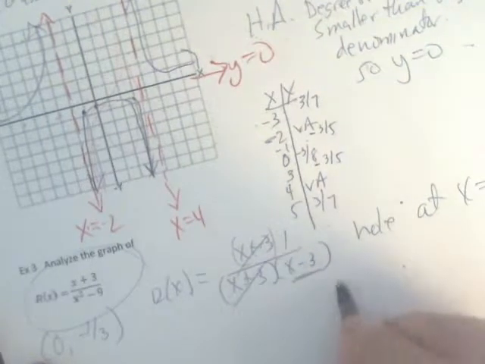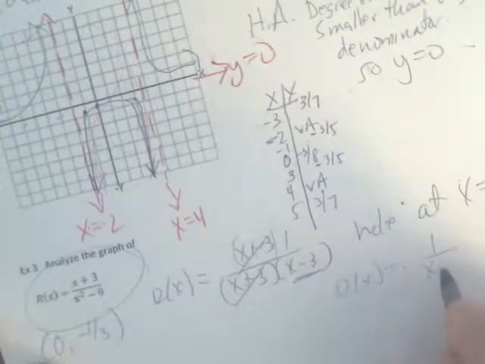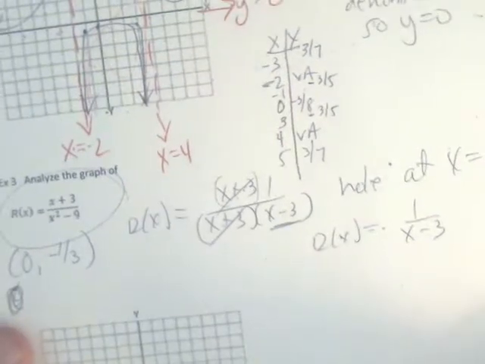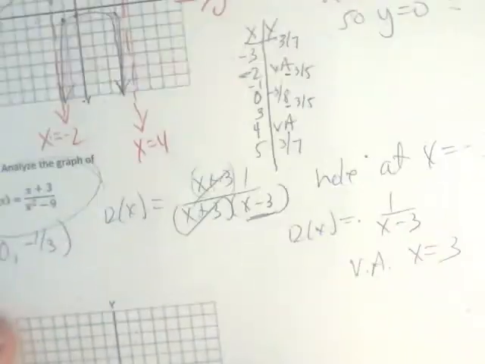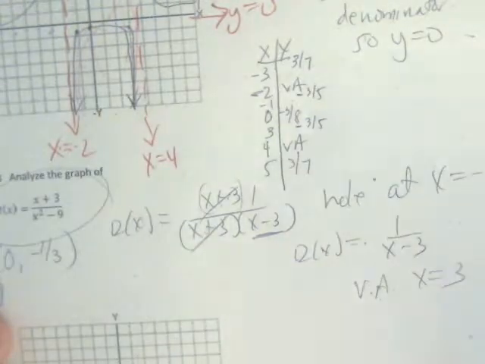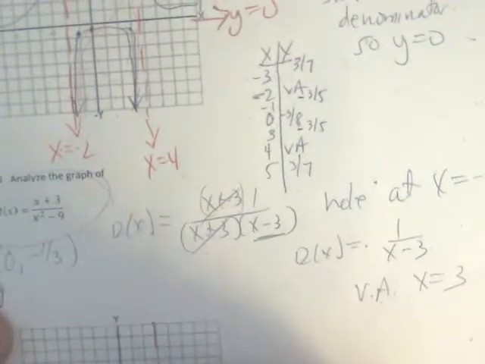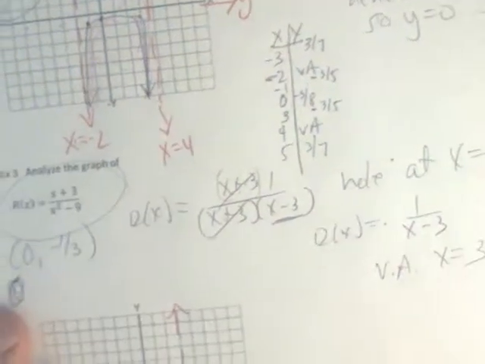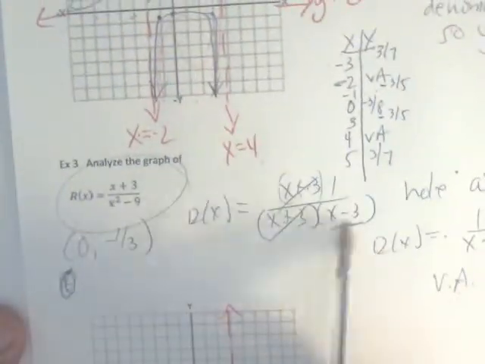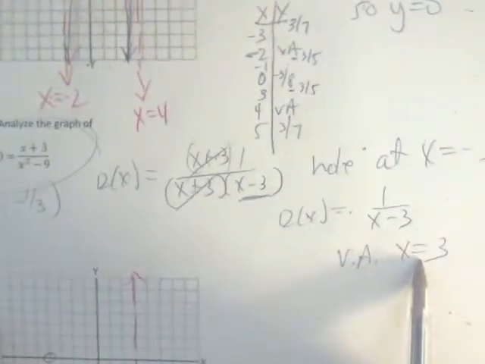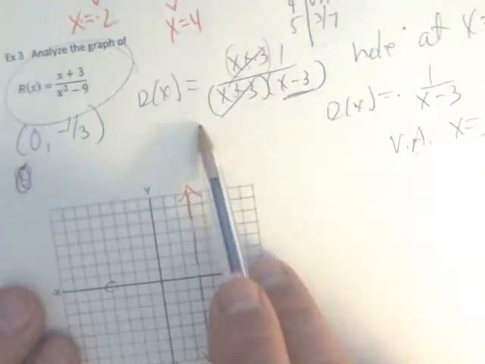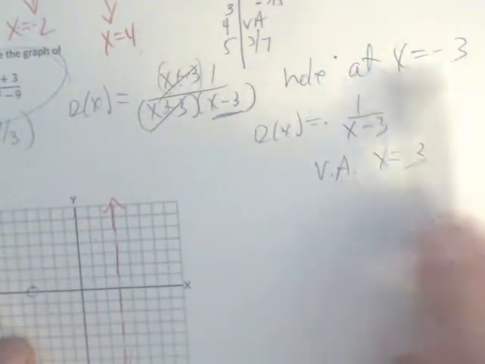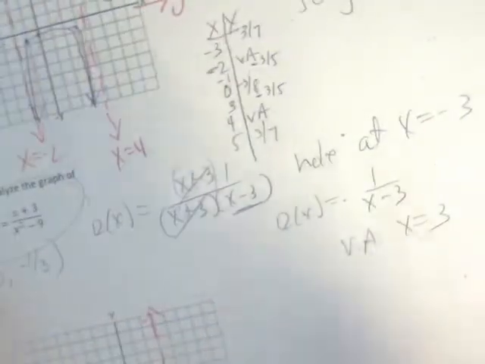Now, I continue to work with what remains, the 1 over x minus 3. So my vertical asymptote is x equals 3. Even though we started out with 2 factors down here, we ended up with only 1 vertical asymptote, but then we have a hole at the common factor we canceled out, because it's whatever gives us 0. So negative 3.